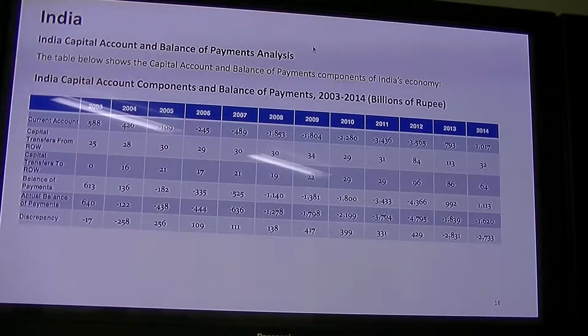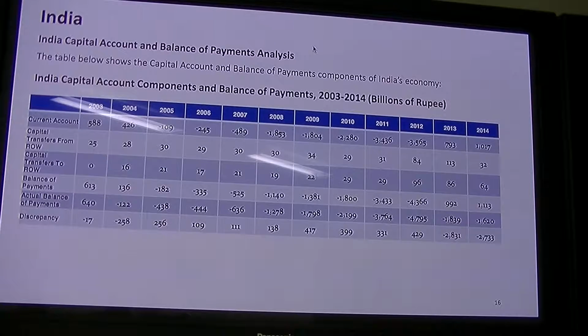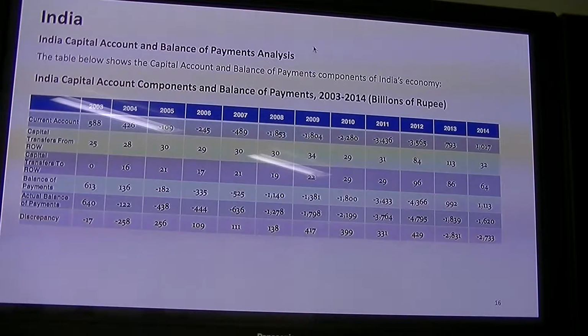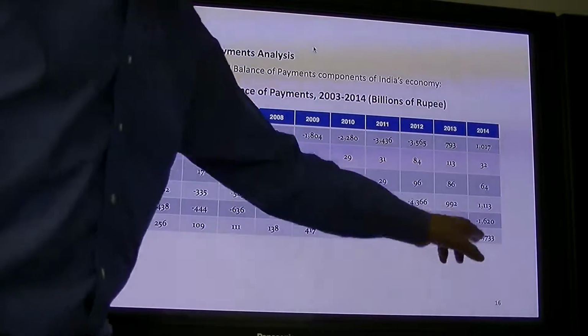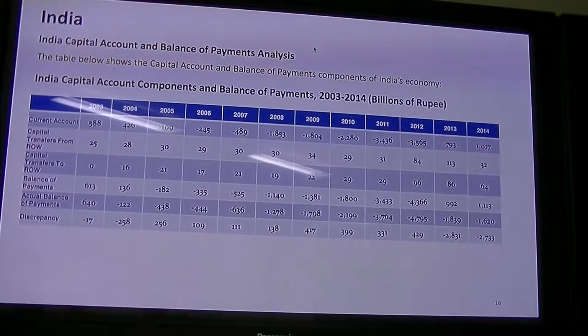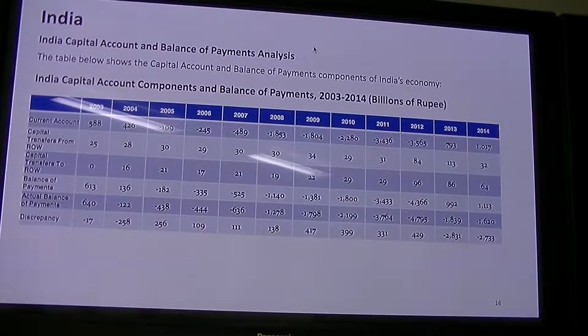So if something like this happens, come to me and say, gee, I've got this problem. I've been very careful with my analysis, but the figure doesn't add up. There's a big discrepancy, and we'll look and see if there is any other information in the national accounts data. Maybe not. Maybe there isn't.